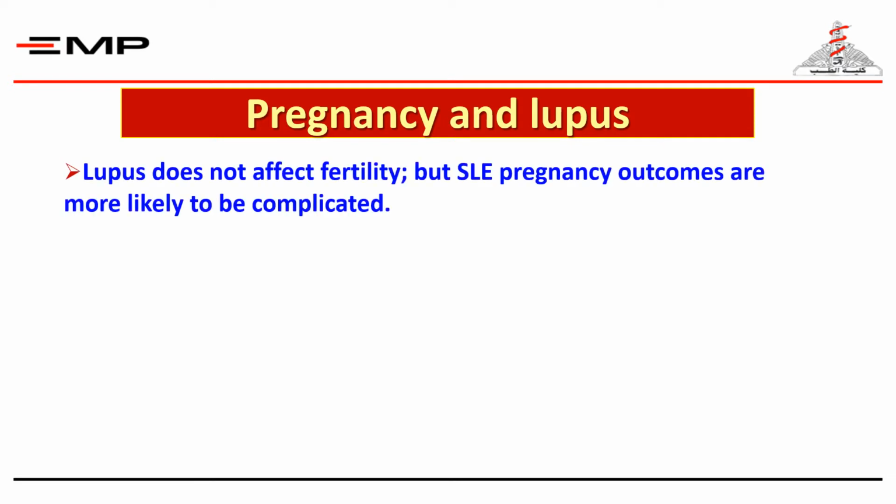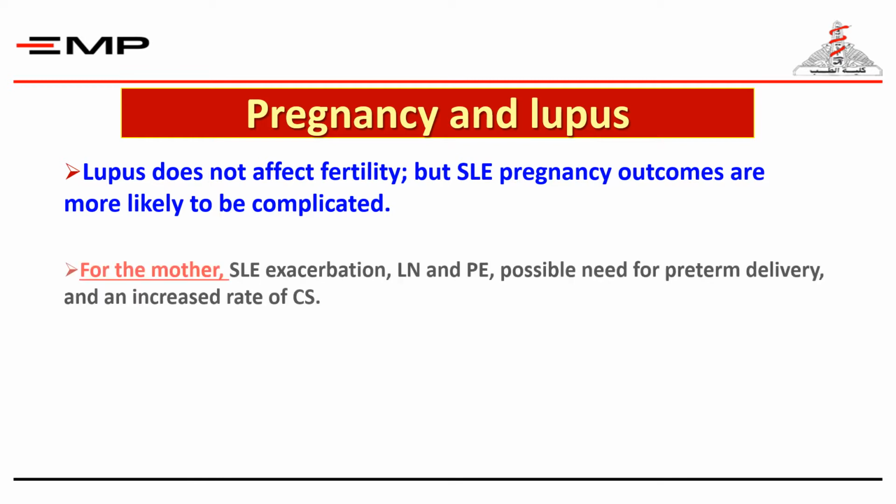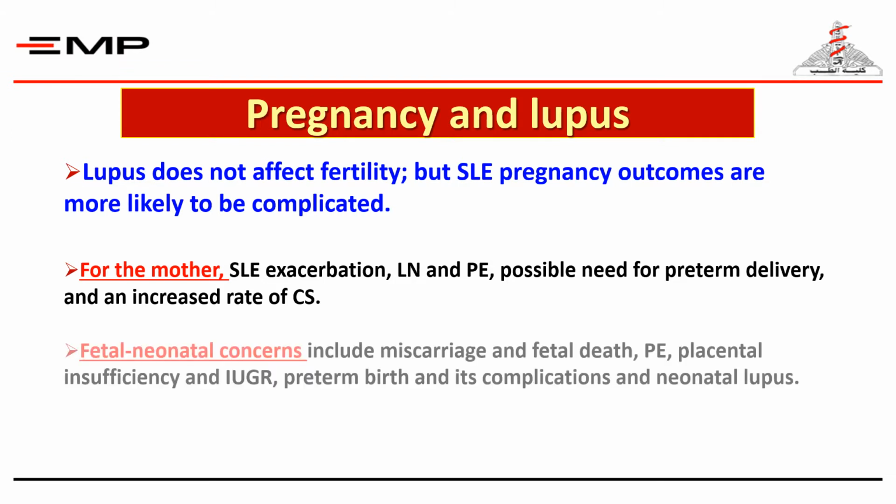Lupus does not affect fertility, but SLE pregnancy outcomes are more likely to be complicated. For the mother, pregnancy may cause SLE exacerbation, lupus nephritis, preeclampsia, possible need for preterm delivery, and an increased rate of cesarean section.